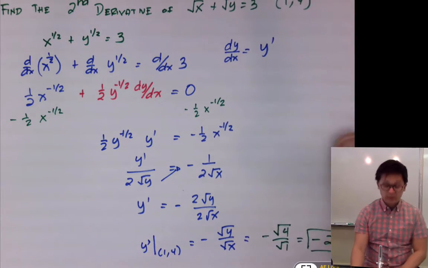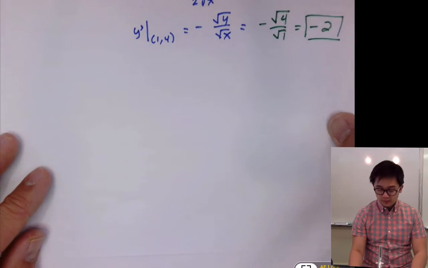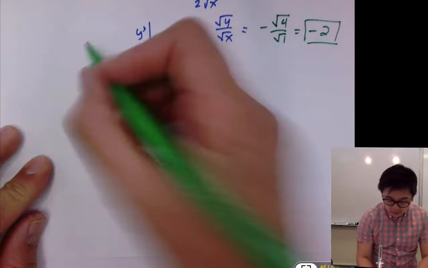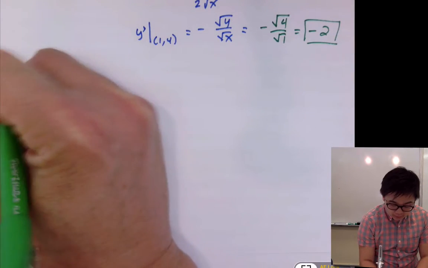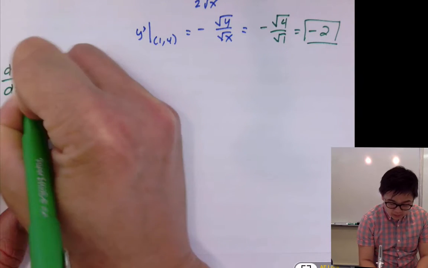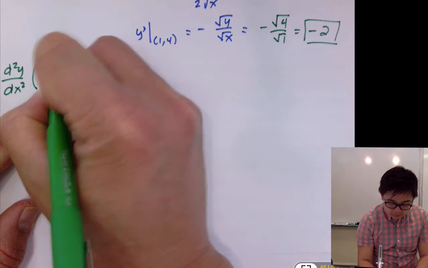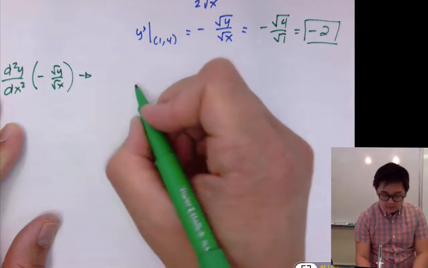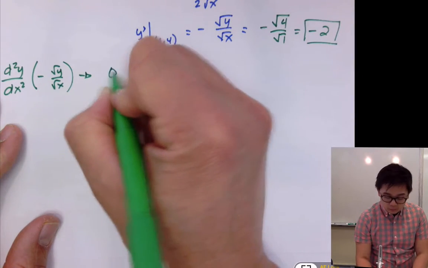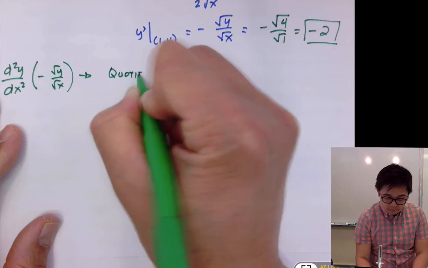Now let's go ahead and find the second derivative of this function. For the second derivative, we know that we're trying to find d squared y over dx squared of negative square root of y all over square root of x. In this case, I will use the quotient rule once again.